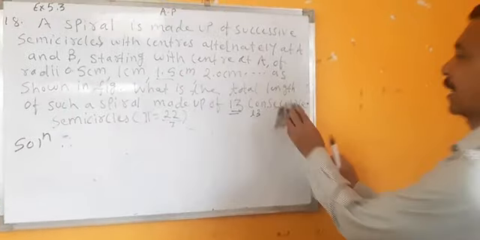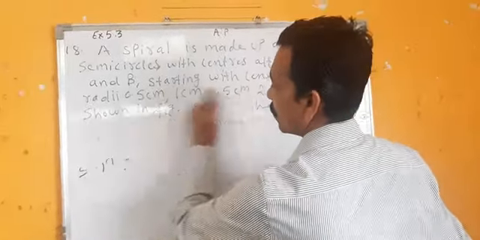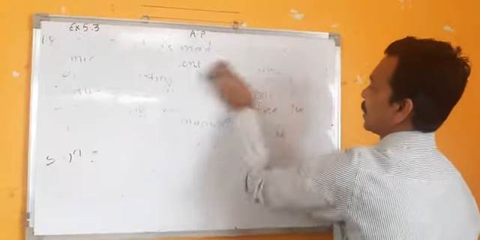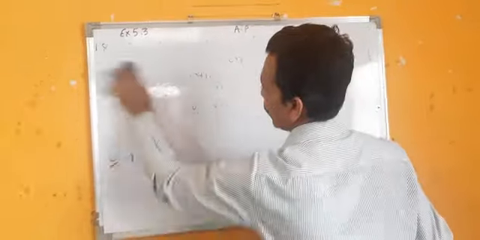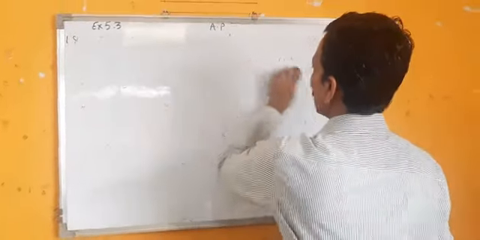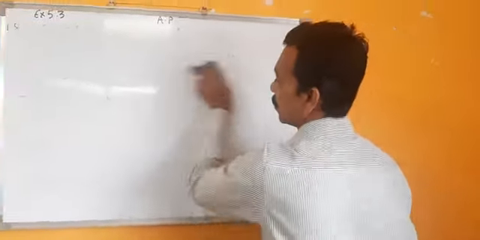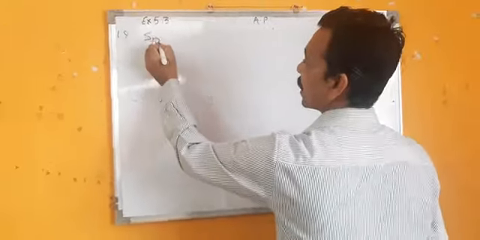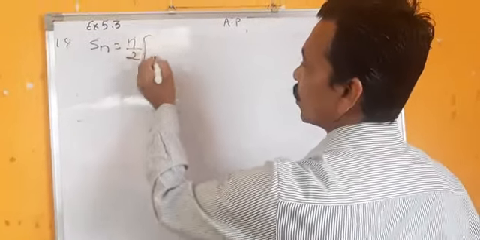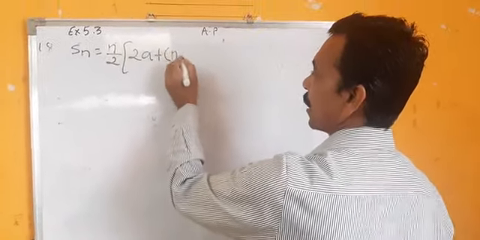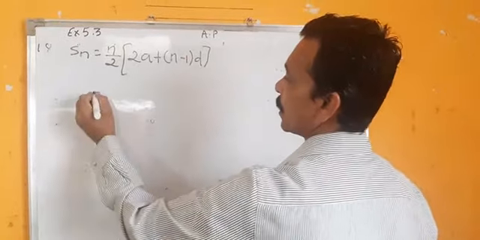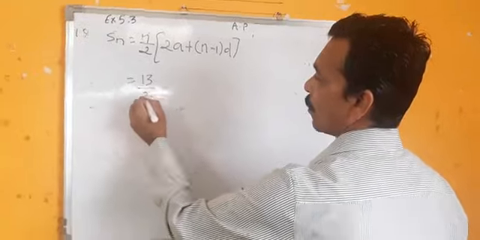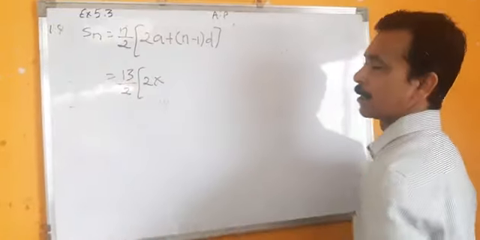What is the formula for Sn? Sn is equal to n by 2 into 2a plus n minus 1 into d. So Sn is equal to n, what is n? 13 upon 2 into 2a, a is what?